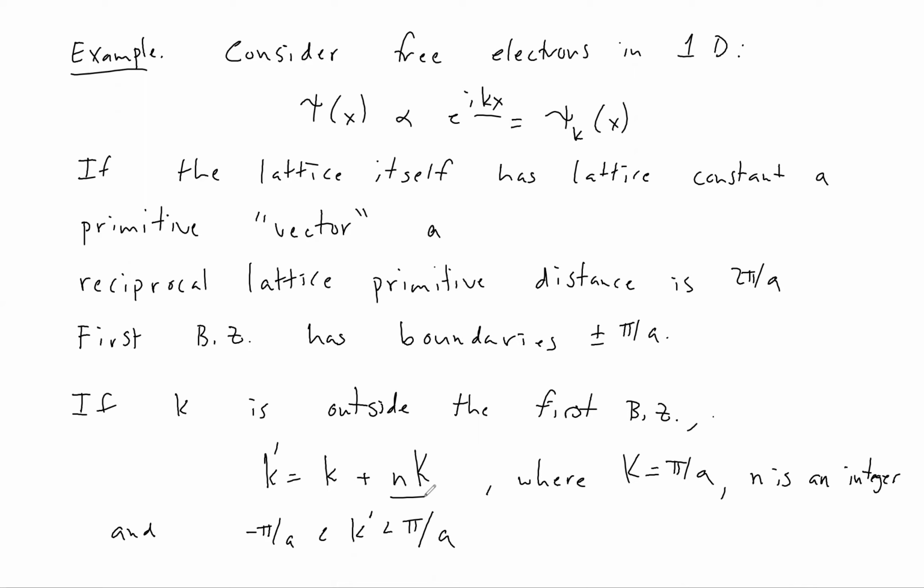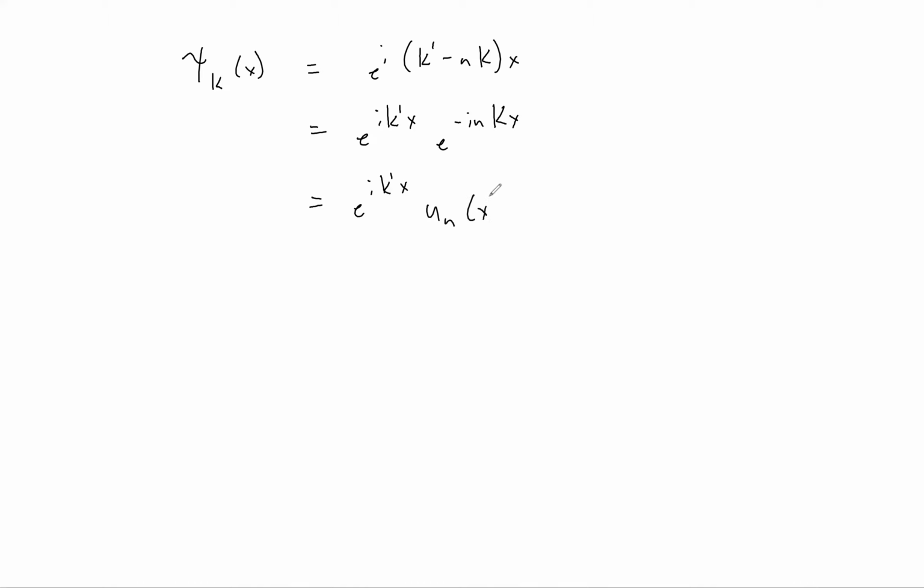So we can say that psi k of x is equal to e to the i (k prime minus n K) x. k prime is in the first Brillouin zone. Little k is not. So this is e to the i k prime x, e to the minus i n K x. This is equal to e to the i k prime x times u, a function u which depends on the parameter n of the position variable x.